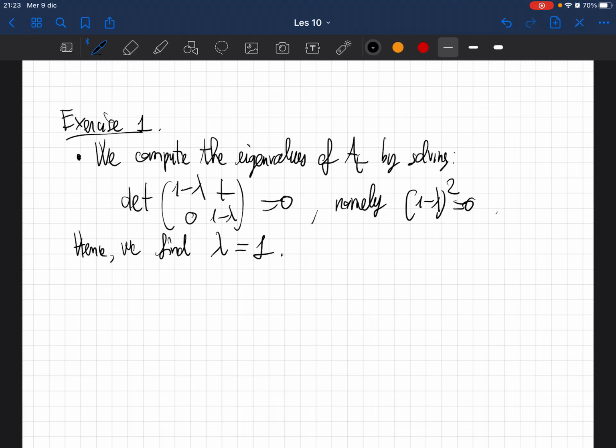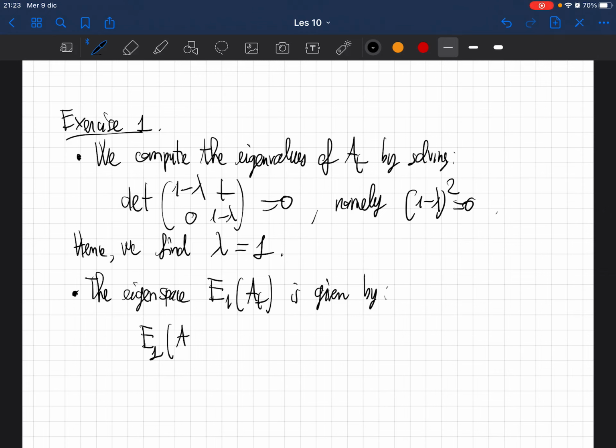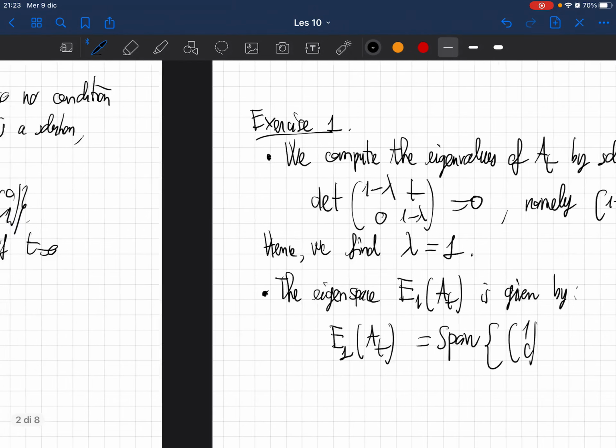Okay. And the eigenspace E_1 of A^T is given by the span of (1, 0).